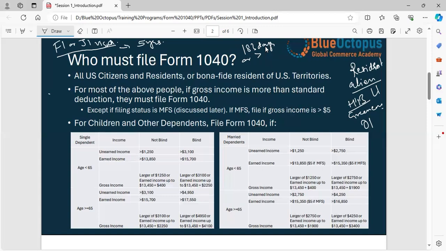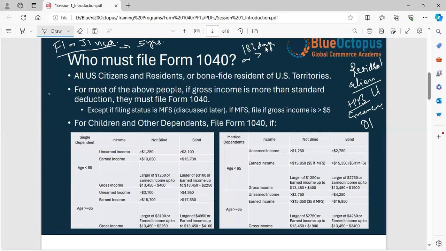The first criterion, which is applicable to most people, is if the gross income is more than the standard deduction. We will discuss the standard deduction later. We have different filing statuses and everything that we will study in later sections, later classes.